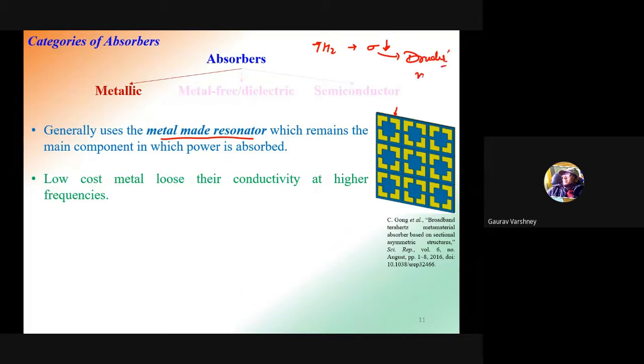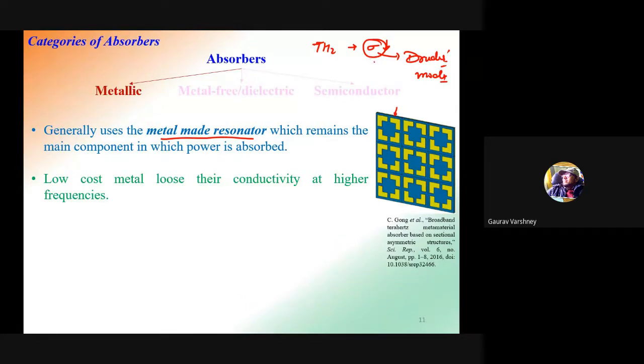And Drude's model is another way of showing the frequency dependence characteristics in the case of metallic geometries, metallic materials. So at the higher frequencies, specifically from millimeter wave to some terahertz and the optical range, the conductivity of normal metals like copper and aluminum reduces.